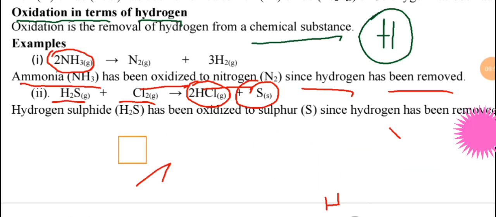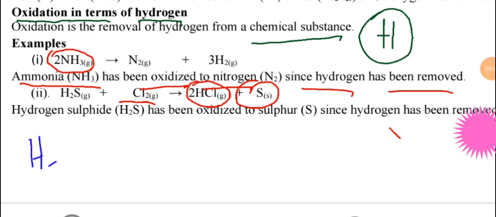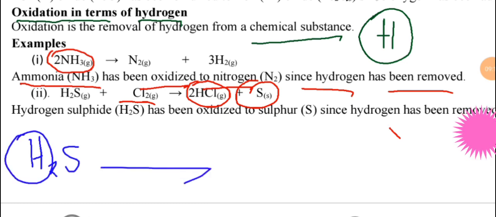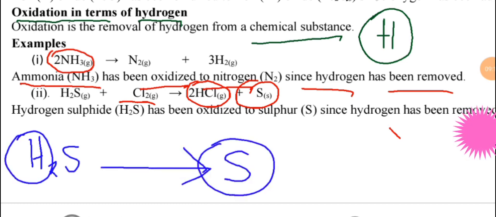In this case, we observe that hydrogen sulfide is losing hydrogen, and what remains is only sulfur, meaning hydrogen sulfide is being oxidized because it is losing hydrogen, and in the process chlorine is going to be reduced because it gains hydrogen.